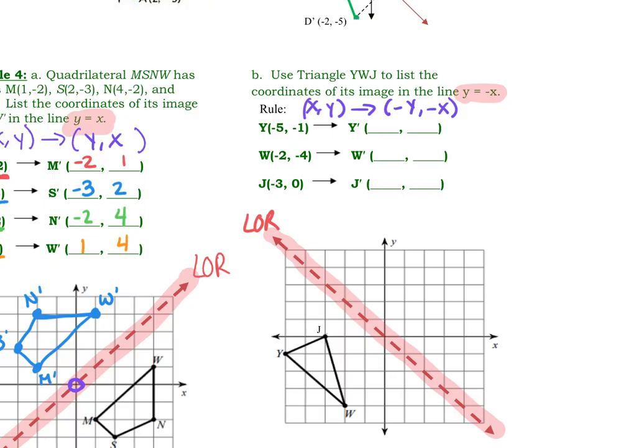Looking at them carefully, the first one is located at negative 5 comma negative 1. Bryson, where's our Y prime going to be? Flip the two numbers and then change their signs.